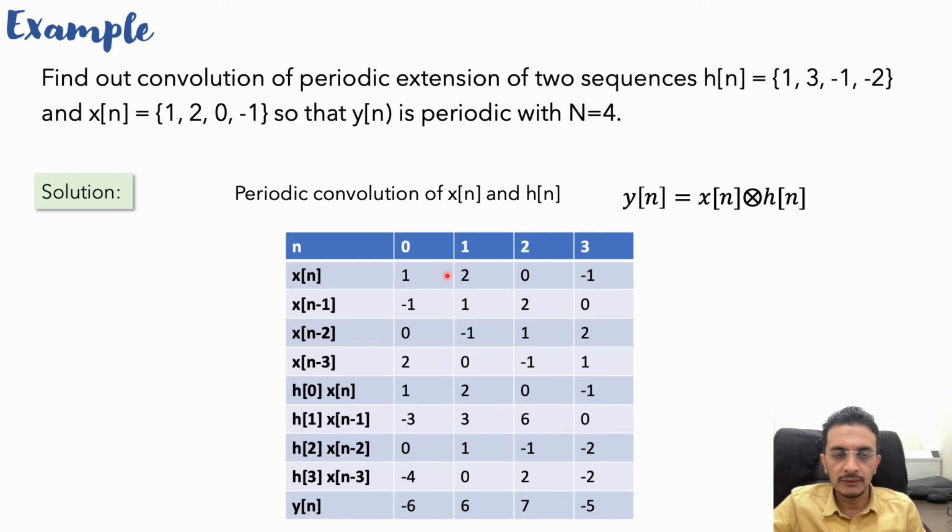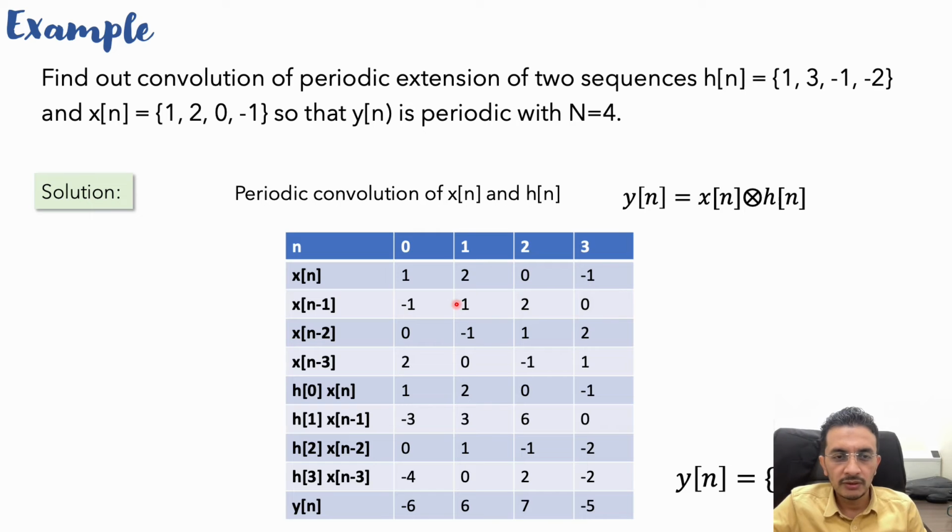Now we will write our first sequence x[n] in the normal form, right? 1, 2, 0, and -1. Now we will write our next shifted one, so the shifted version of x. We can write it like this.